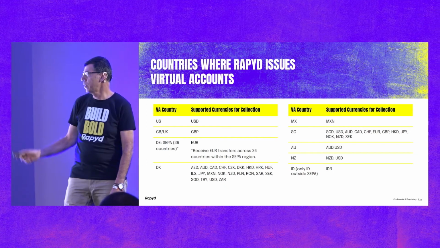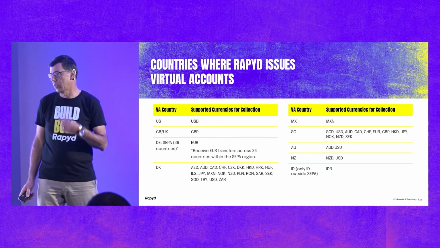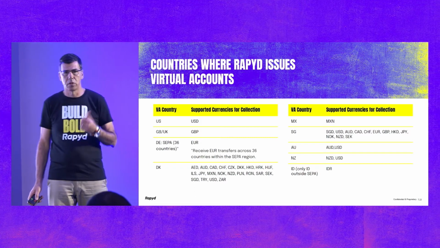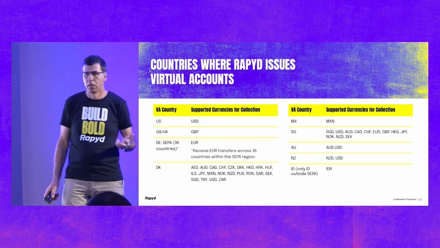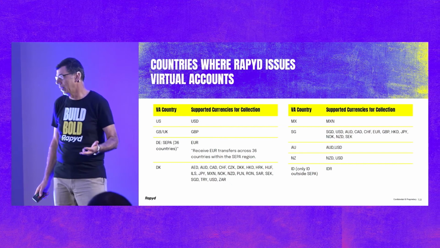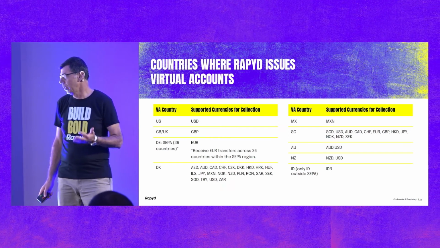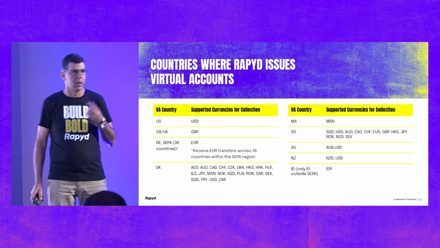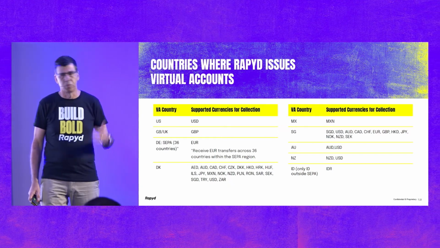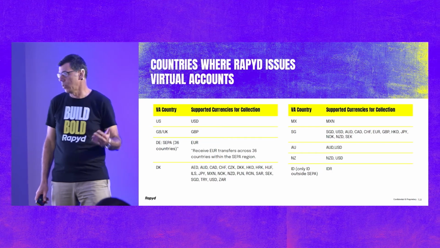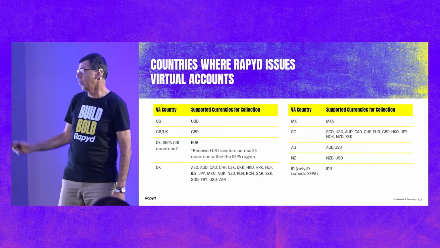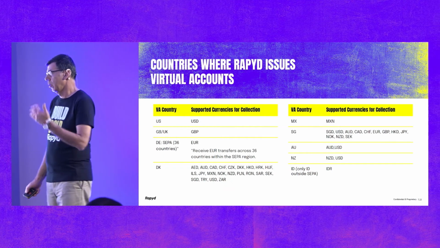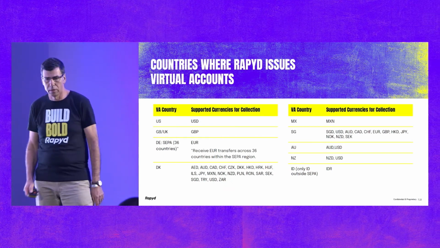In addition to this, we will be releasing over the next few weeks another 3 or 4 virtual accounts in Poland, Luxembourg, Ireland, Canada, and potentially the US. So as you can see, this is rapidly expanding to provide virtual account coverage across the globe. But even today, we have a very large coverage of countries and currencies.